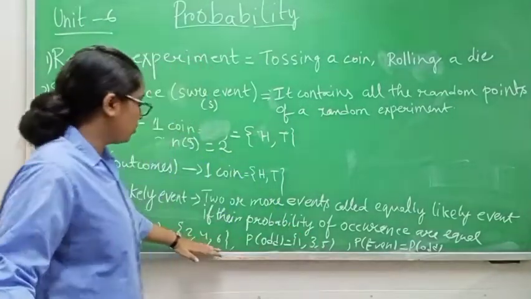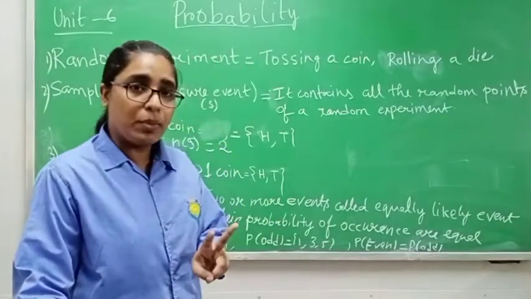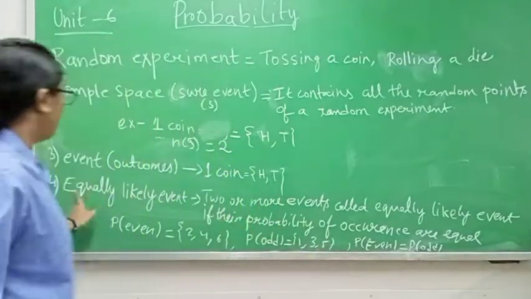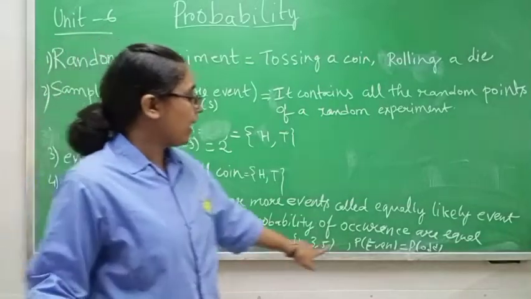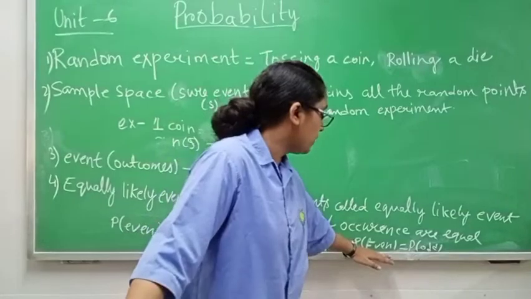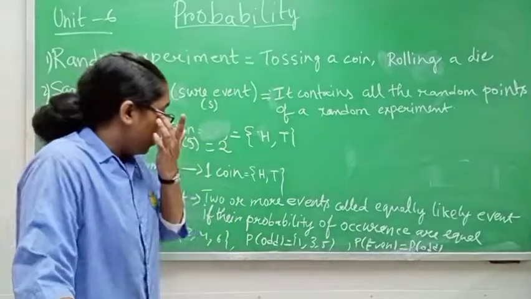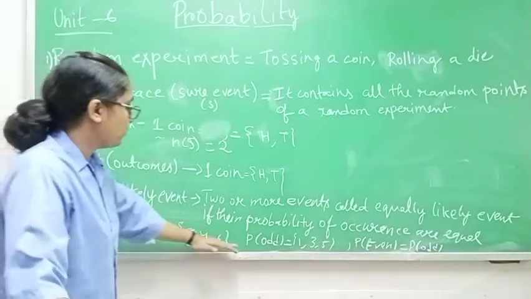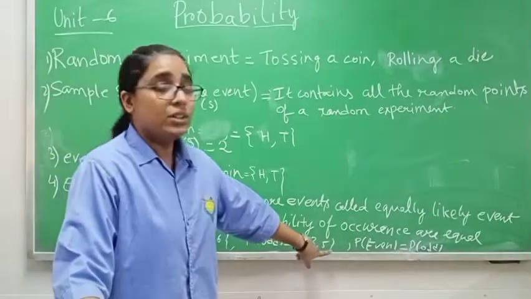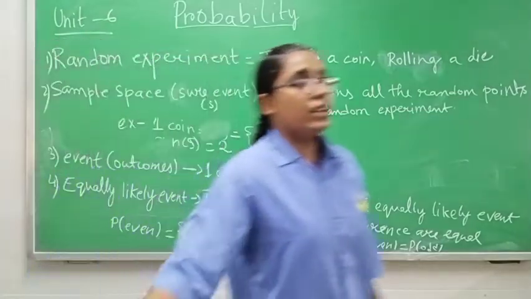So here also 3 possibilities, here also 3 possibilities, equal probabilities. That is known as equally likely events. That is why I have written P(even) equals P(odd). It means the probability of even occurring equals the probability of odd occurring, because in even we have 3 and in odd we have 3. So this is equally likely events.